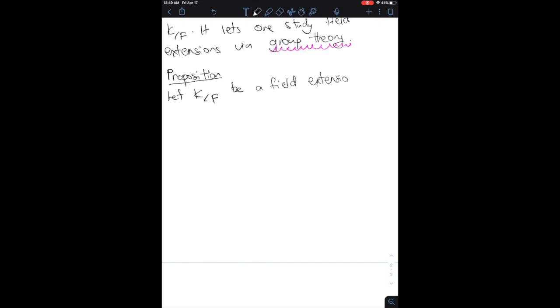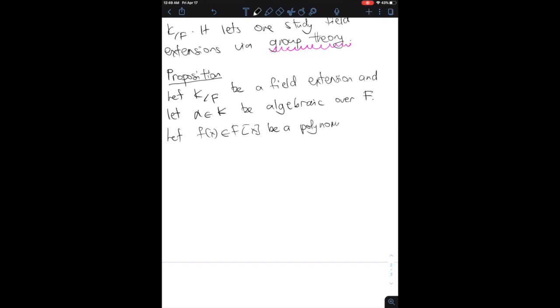So to start with, let K over F be a field extension, and choose some algebraic element over F. So let alpha in K be algebraic over F. So this means that there is some polynomial with coefficients in F such that alpha is a root of that polynomial.